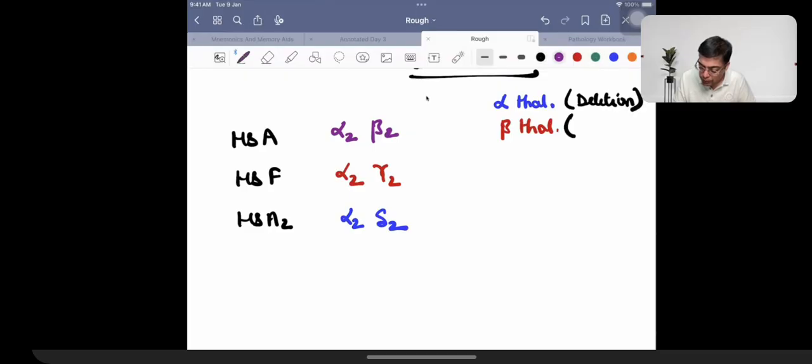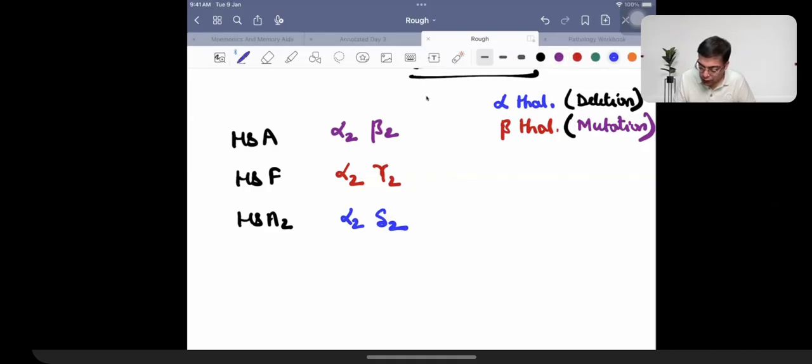Beta thalassemia is going to be seen in patients because of a gene mutation. Gene mutation. Gamma, brother, gamma. Alpha, beta, gamma, and this delta here. Okay.